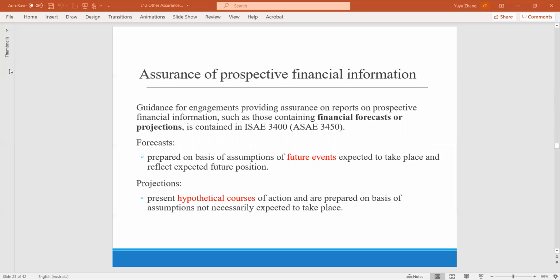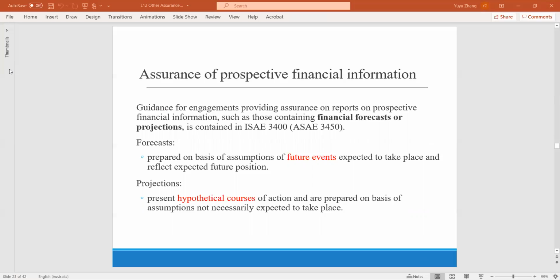Predictions of future performance and future position will be based on a lot of assumptions. That is one feature of prospective financial information. Also, a lot of statements or descriptions in this type of information will be hypothetical because they haven't happened.